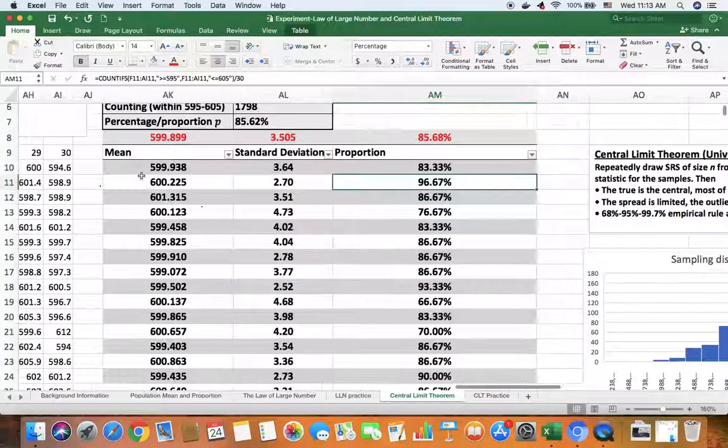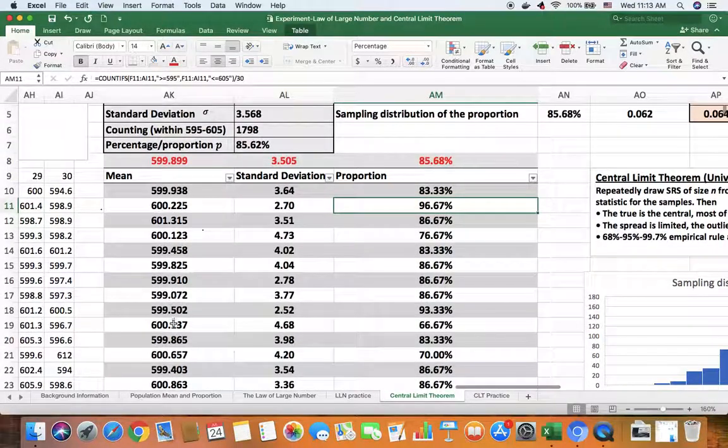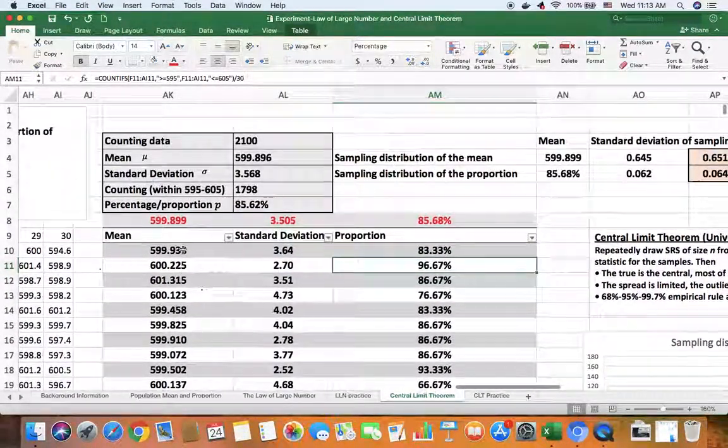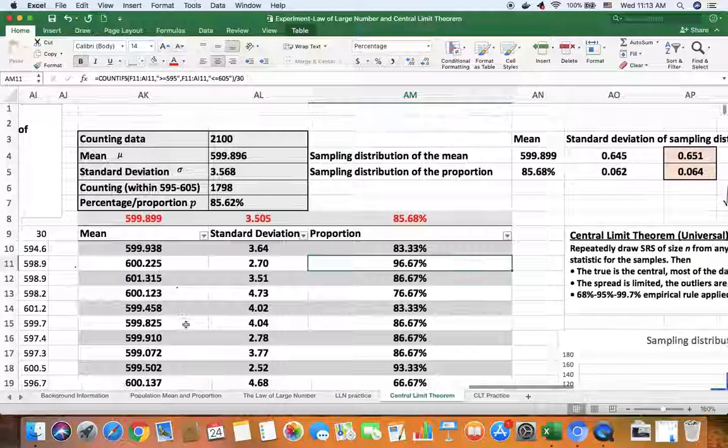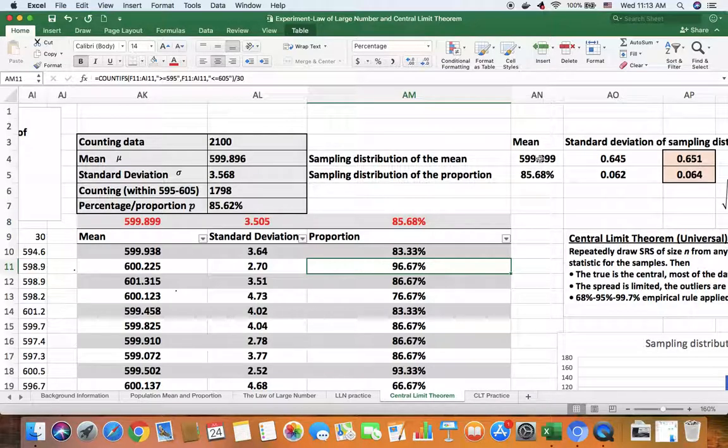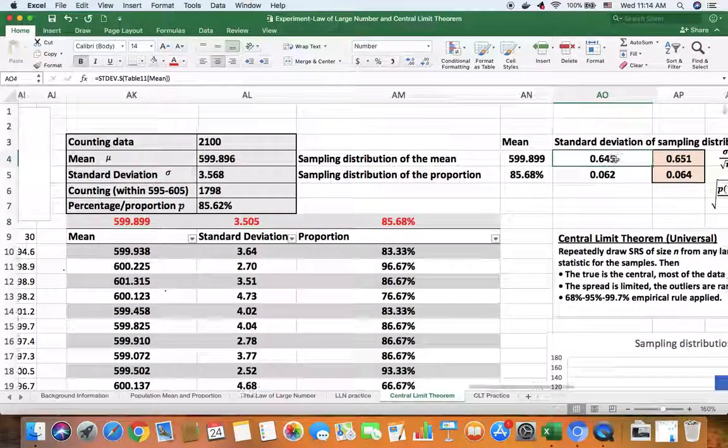Let's go back to this column of data and calculate the mean of this column of data. We got this value. And then we calculate the standard deviation of this column of data. We got this value.